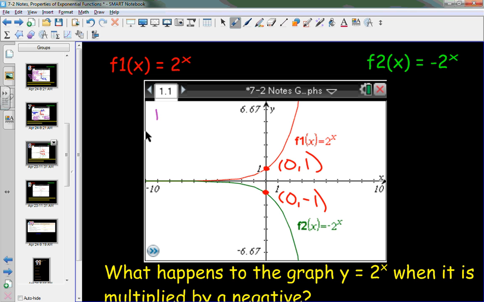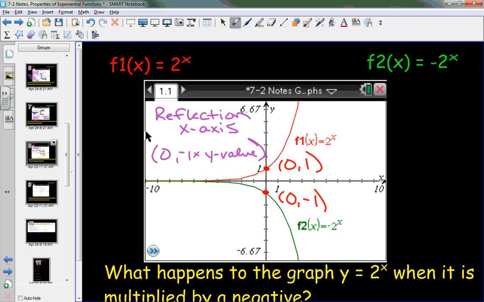So you're going to have a reflection over the x-axis. What this entails is you're going to take your y coordinate and multiply it by negative 1. So it's negative 1 times your y value. Whatever y value you have, the only thing that changes is going to be your y value. Your x value does not change. Do we understand that?